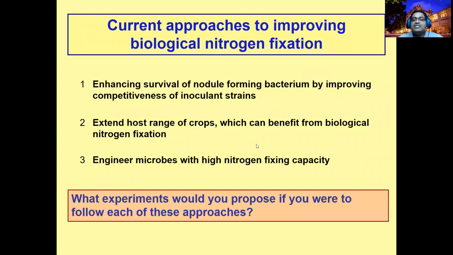But what are the extensive studies going on now? Enhancing survival of nodule-forming bacteria by improving the competitiveness of inoculant strains. Normally in many barren lands, or even a new crop, new land, you cannot expect these symbiotic bacteria. Every time you need to do seed dipping or seed dressing with this bacteria before sowing the seeds in new lands, right?